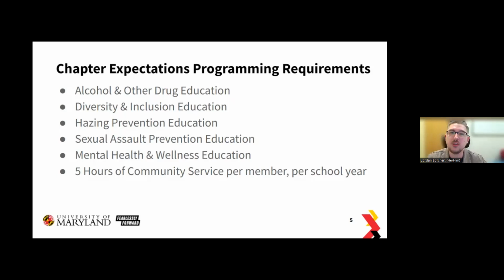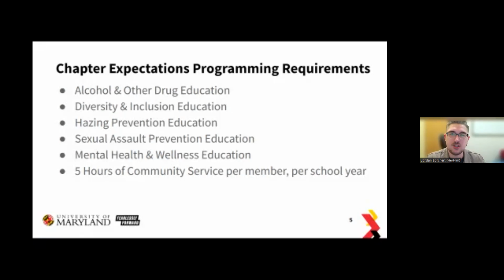We want to make sure that they're really meeting the values and the importance of what fraternity and sorority life is. And these areas are just aspects of fraternity and sorority that we want students to appreciate and understand.